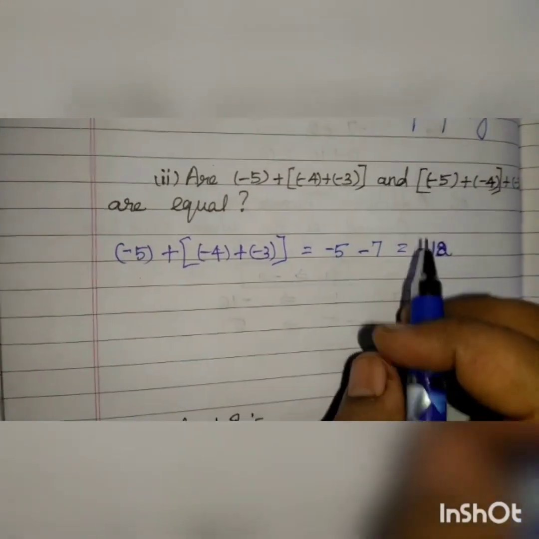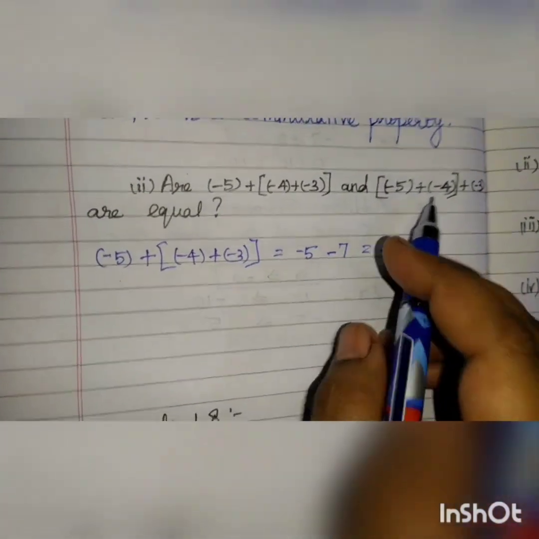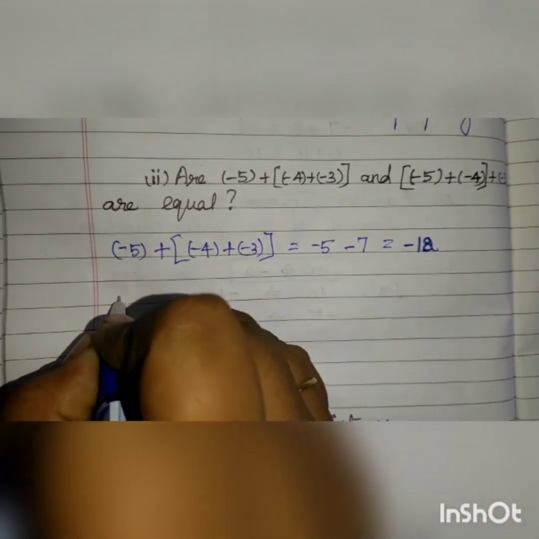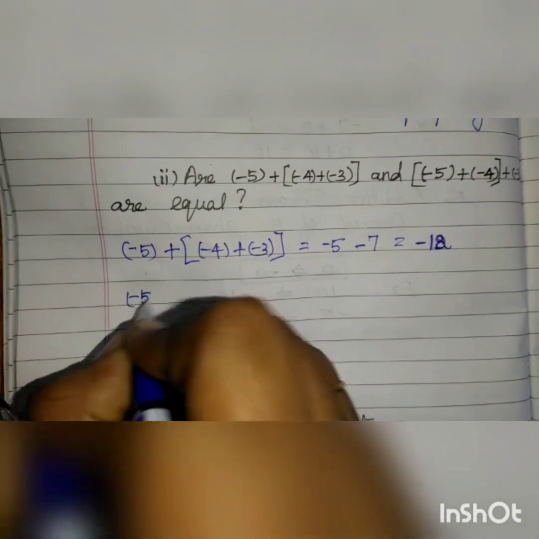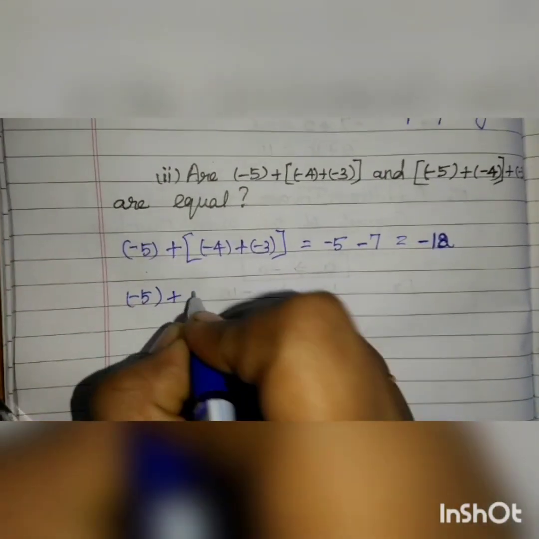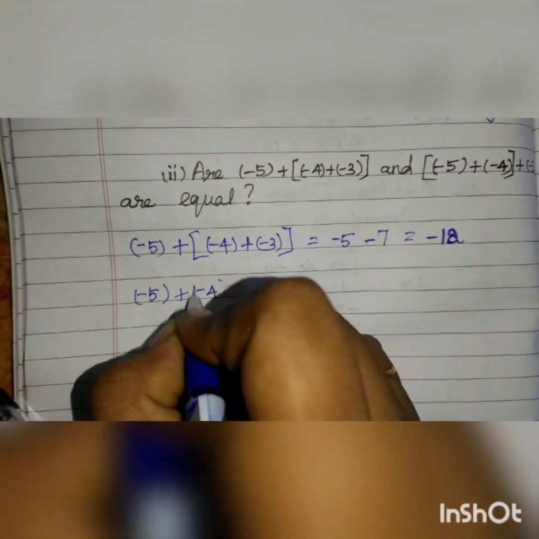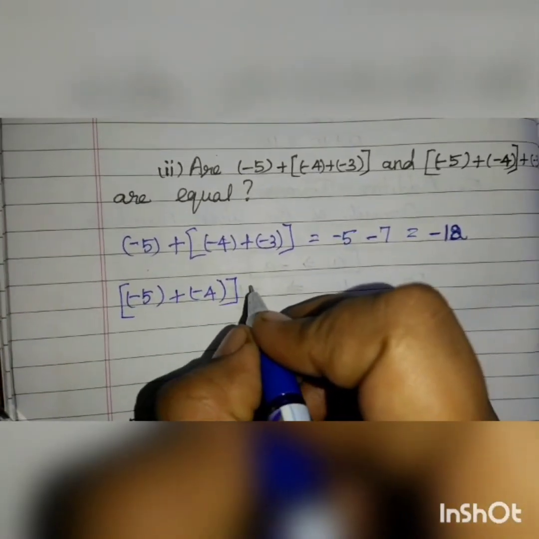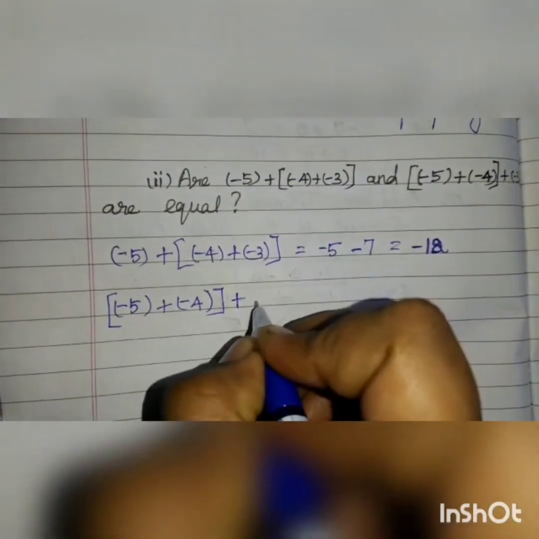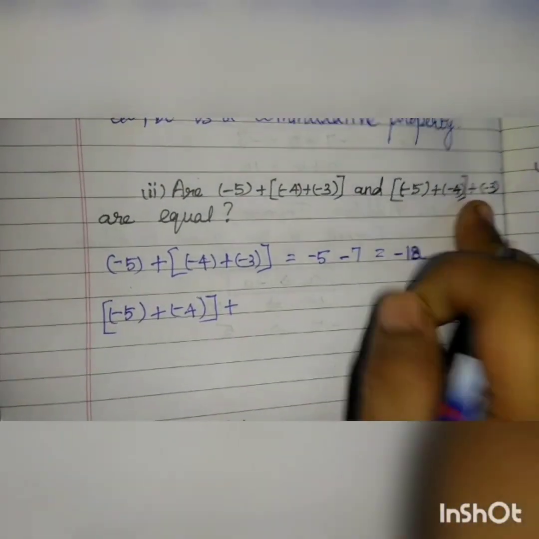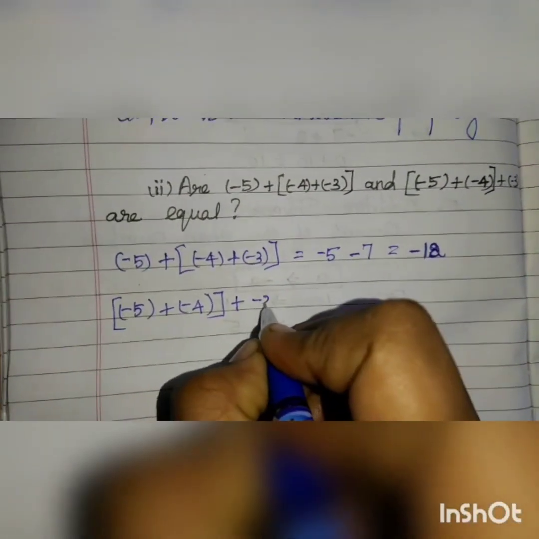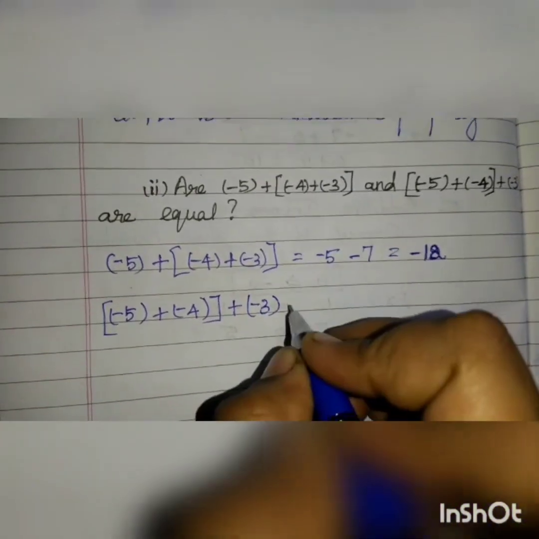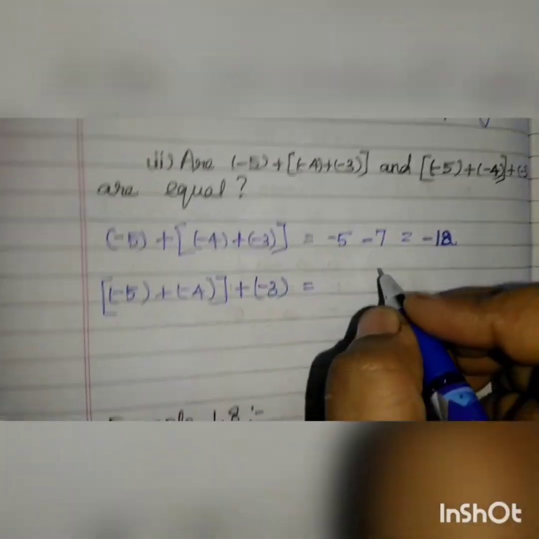Okay, now we are going to write this equation. We will write it here, minus 5 plus minus 4, then close bracket, after this plus, as in the question, minus 3. Okay, are you clear? We just solve this one.